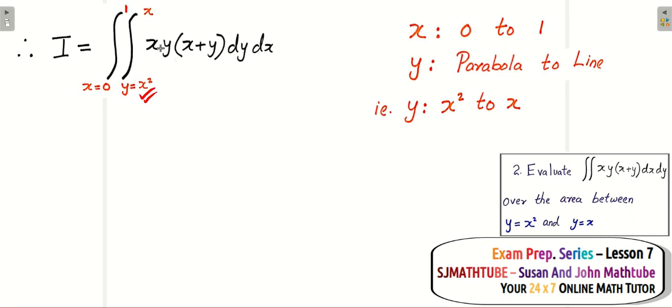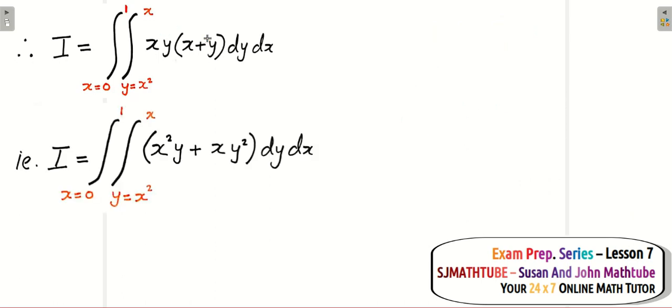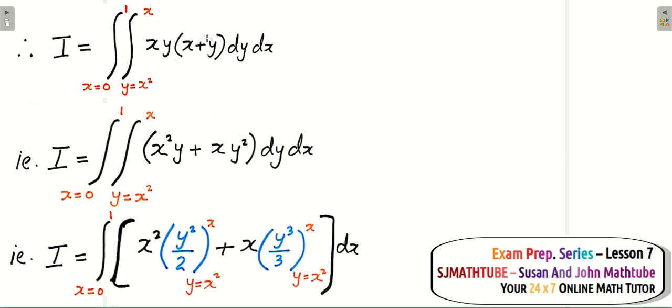Okay, now let's distribute these quantities, and we get x square into y plus x into y square. Now integrating with respect to y, because we will always evaluate the inner limit first.